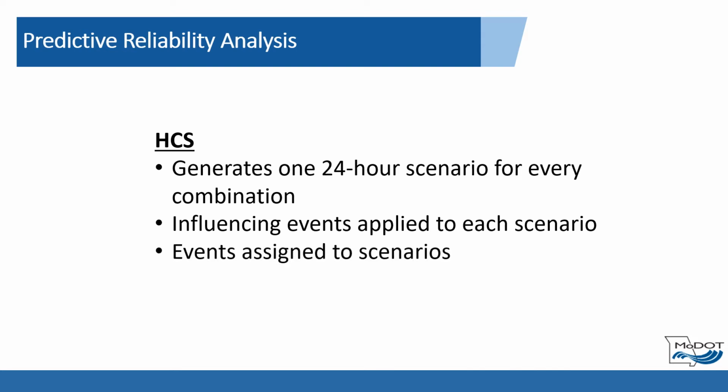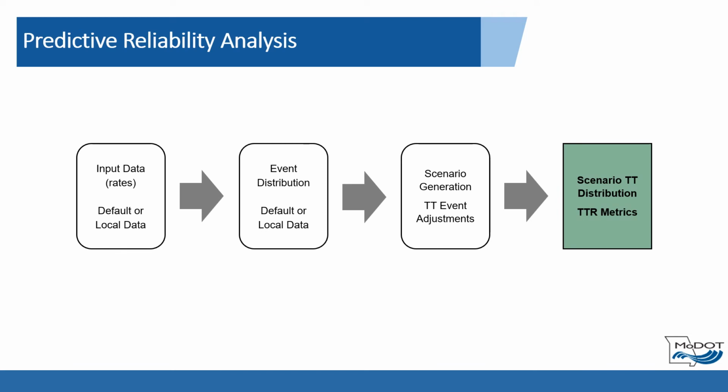These events are assigned to scenarios based on default event distributions applied directly by or modified by the analyst to reflect local data. The flowchart on your screen is a high-level overview of the reliability methodology.